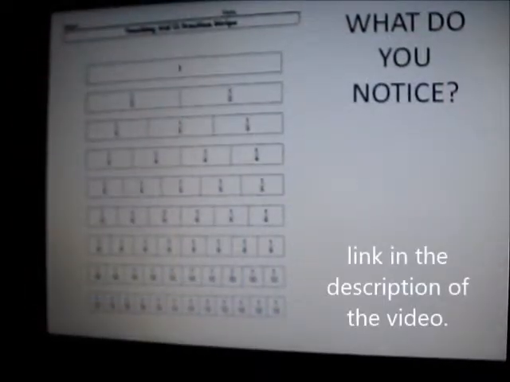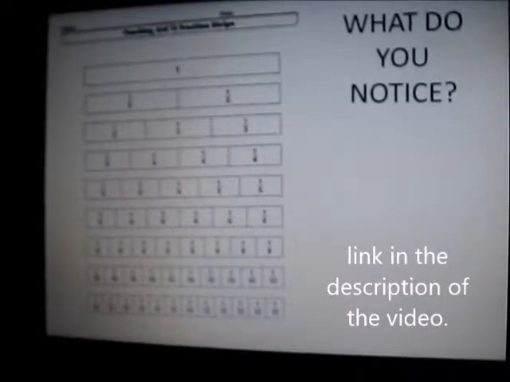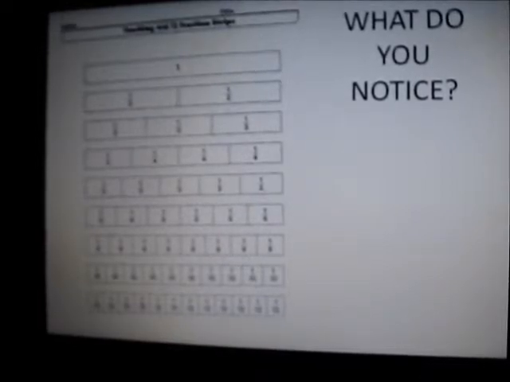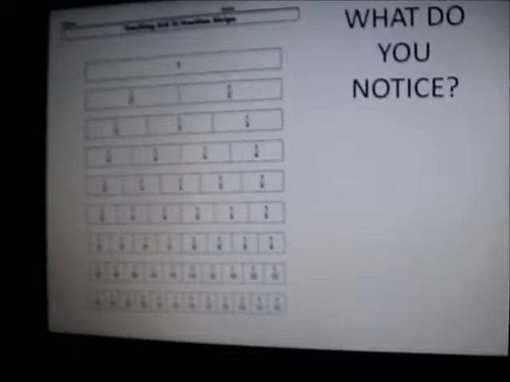Now, take a look at these fraction strips. What do you notice? You can pause the video here and write a list, then compare it with a friend. Ready? All of the rows, that means across, are the same size.